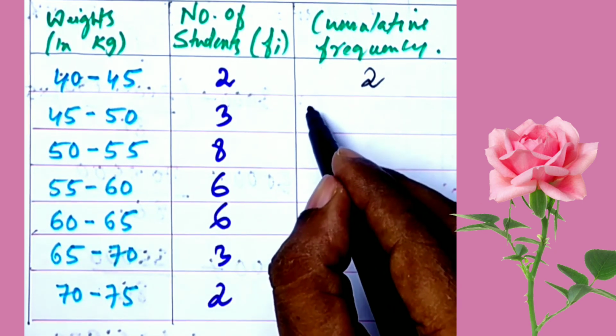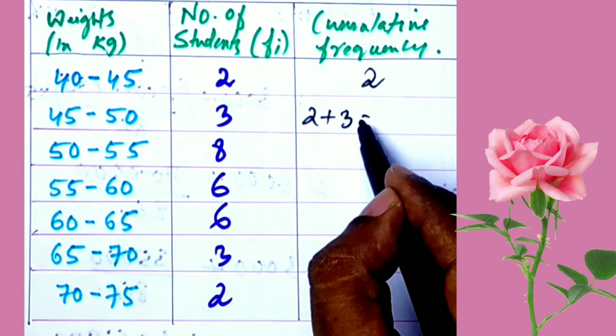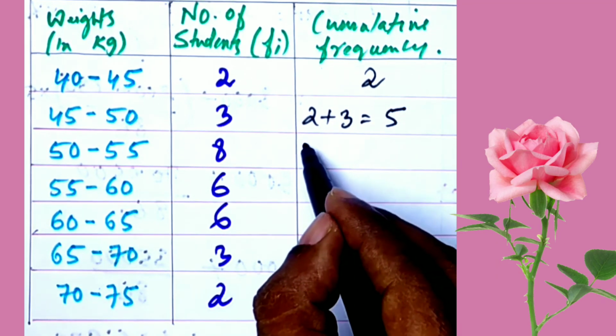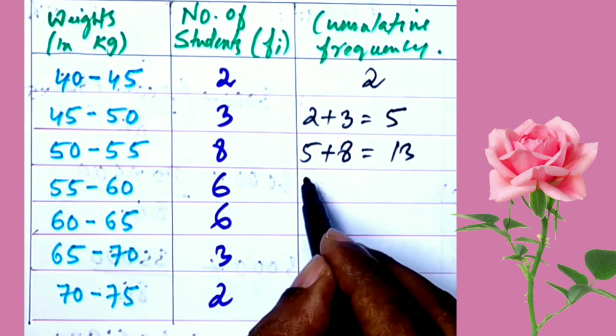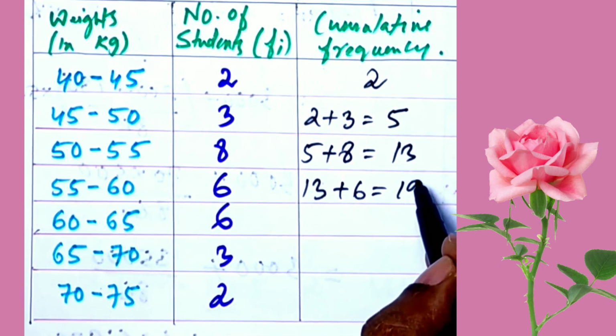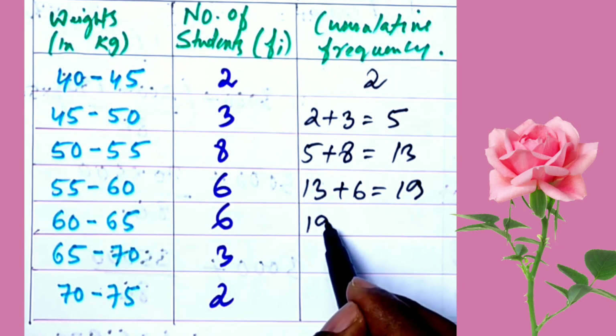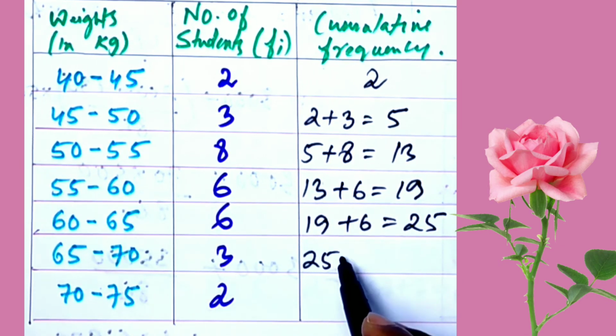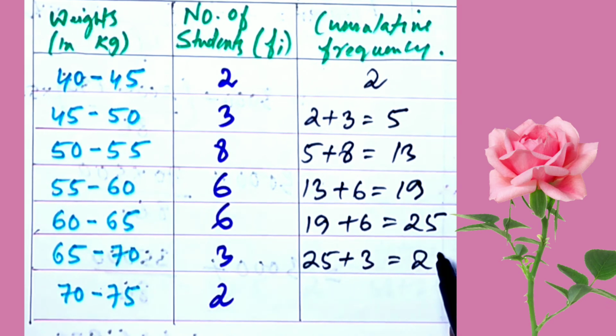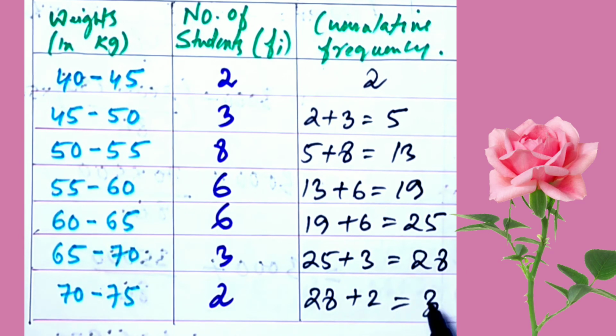So 2 plus 3 is 5. 5 plus 8 is 13. 13 plus 6, 19. 19 plus 6, 25. 25 plus 3, 28. 28 plus 2, 30.